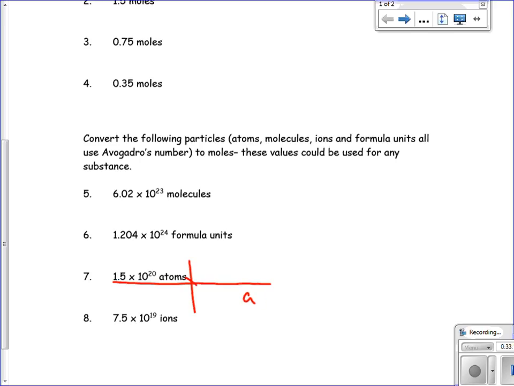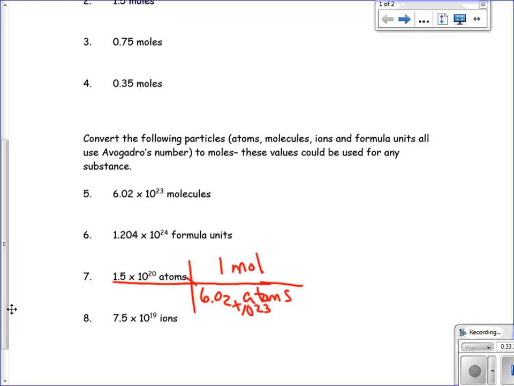So that means 1 mole must go up top. What's the magic number for atoms, formula units, particles of any kind? 6.02. Avogadro's number. Yes, 6.02 times 10 to the 23rd.